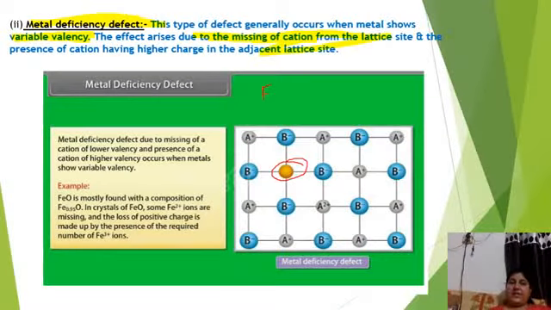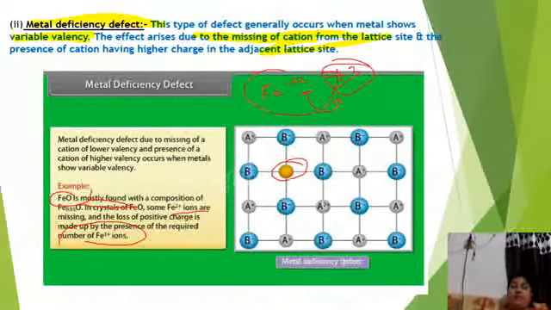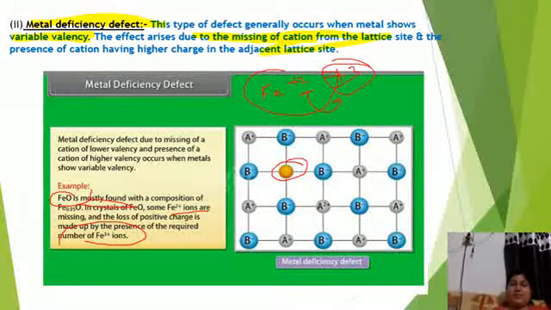Iron, for example, has +2 and it also has +3. So if a +2 part is removed from here, then +3 will maintain this, and if +3 is getting removed, then +2 will be maintained. See, iron oxide has the composition of Fe2O3 and Fe3O4. So what will happen if Fe2+ ions are missing, then it is balanced by +3. +2 is missing, so one +3 became extra, and that balances it.